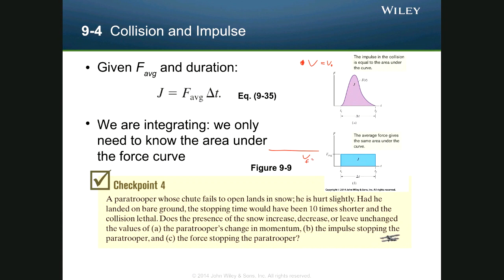The snow, you're slowing down. Remember, impulse tells us about two times, and the impulse is what happens in between, before the collision and after the collision. So in a way, the snow will flatten the curve, essentially. Yes, that's actually exactly right.